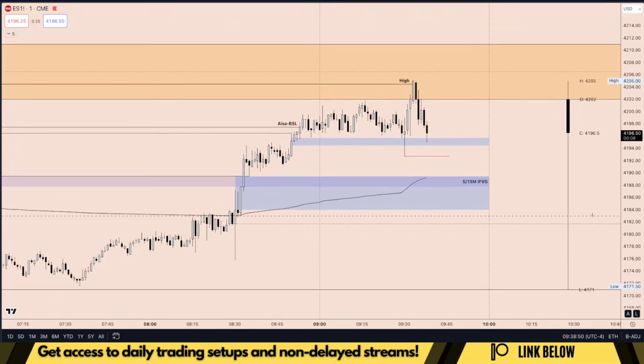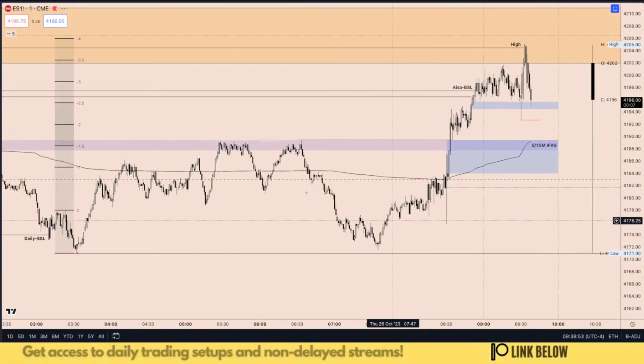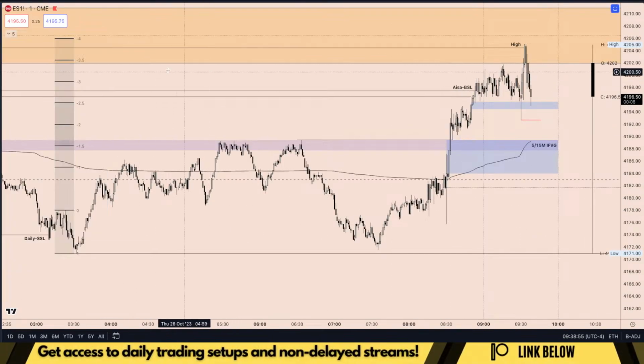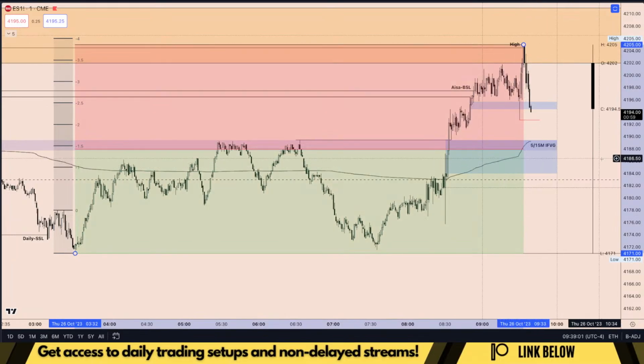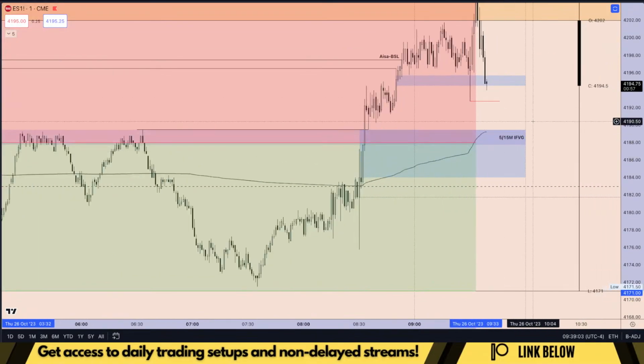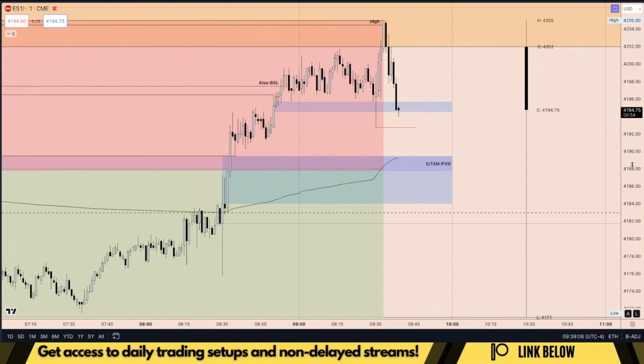To retrace before we continue higher, at least. Let me see, we did not hit a 4 standard deviation equilibrium, but that depends where we get our entry and how big our stop losses would be.